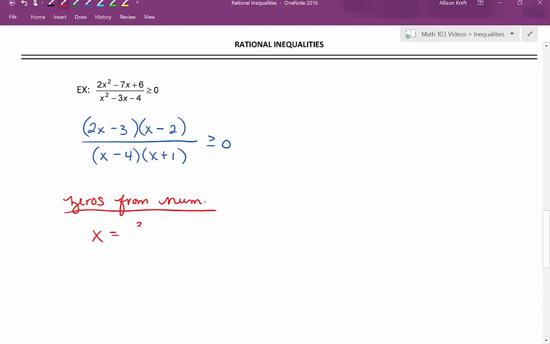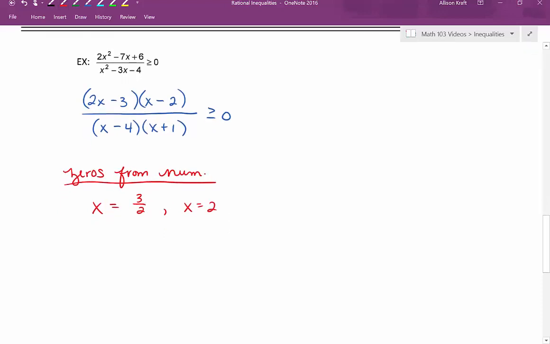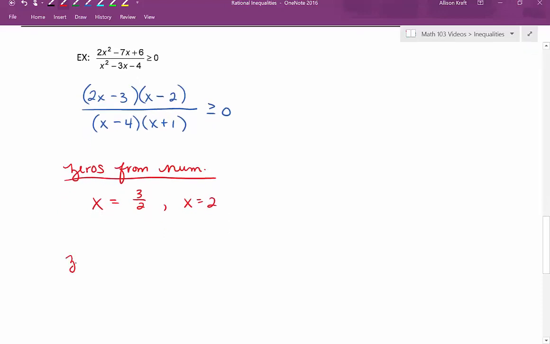We get x to be 3 halves and x to be positive 2. Then we need the zeros from the denominator as well. Setting each one of those factors equal to 0 and solving, we get x to be 4 and x to be -1.